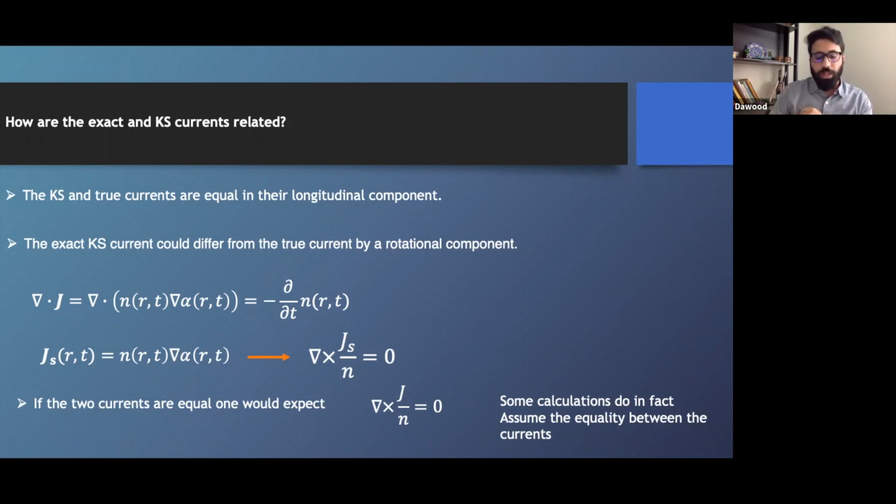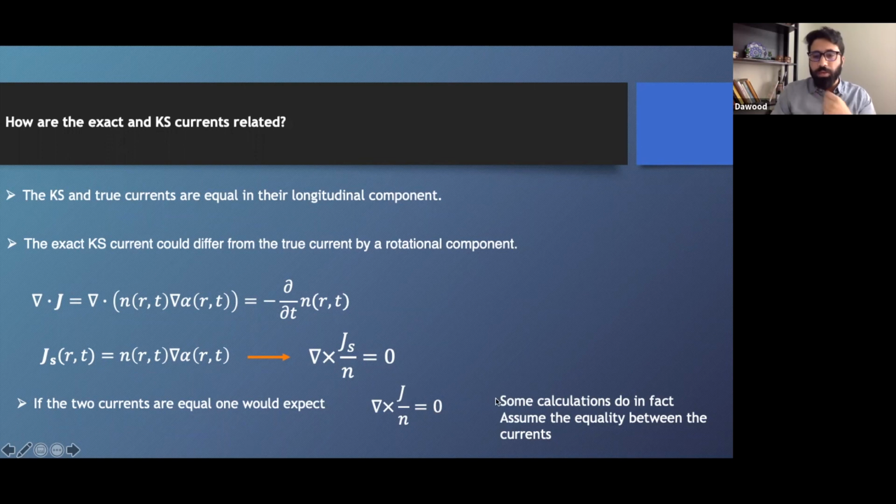In fact, for our choice of the Kohn-Sham state, you can write the Kohn-Sham current in terms of this alpha as n grad alpha, from which it immediately follows that the curl of Js over n must be equal to 0. Now, if the two currents were the same in this case, then one would expect that this equation holds for the true current as well.